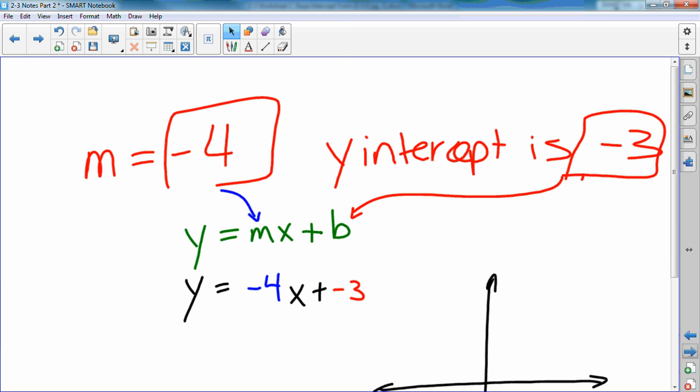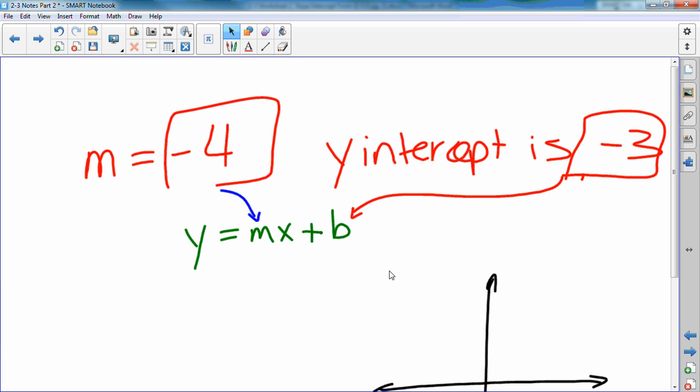So suppose I have this information. Suppose that m is -4 and the y-intercept is -3. What is the equation of the line? Well, how do you do that? You write out your y equals mx plus b, and as you can see, the blue arrow points to the m because it's slope, and the red arrow points to the b because that's the y-intercept.